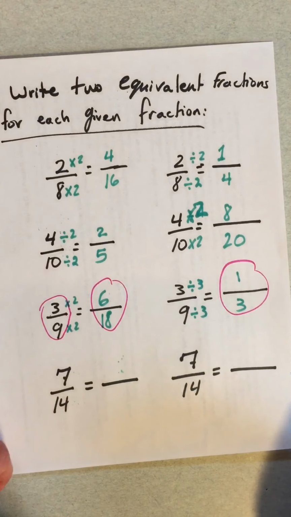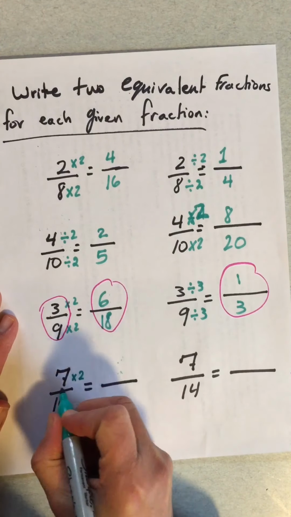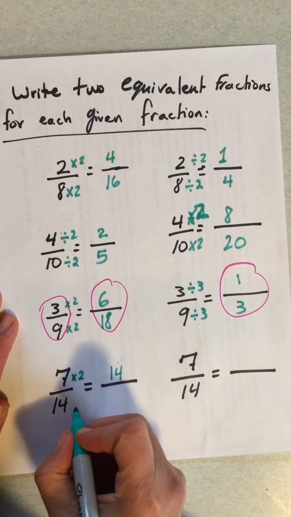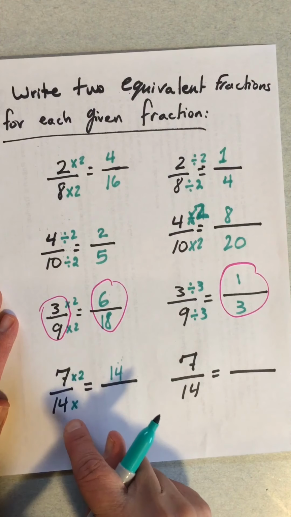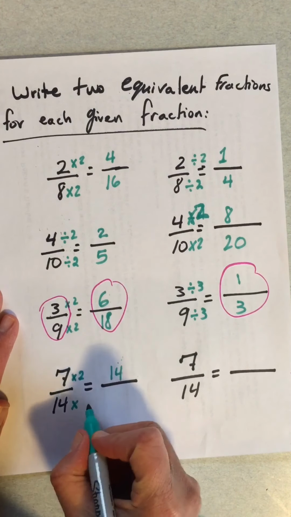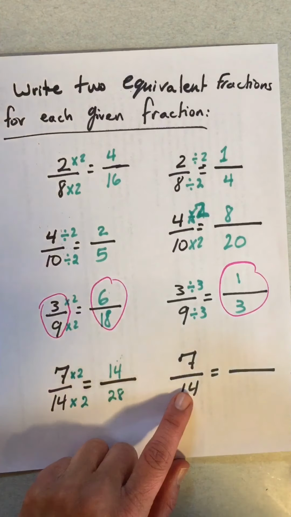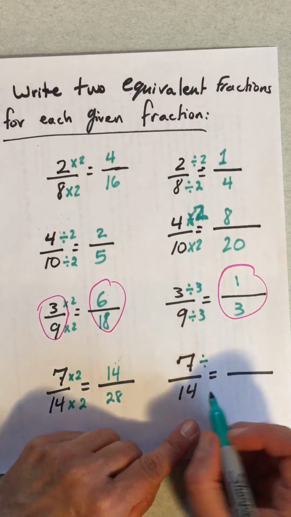Okay, let's do one more. 7 over 14. We can multiply or divide, whatever you want. If I multiply by 2, 7 times 2 is 14. If I multiply the numerator by 2, I have to multiply the denominator by 2. 14 times 2 is 28. Here, I can divide if I want to, right? What can I divide by?